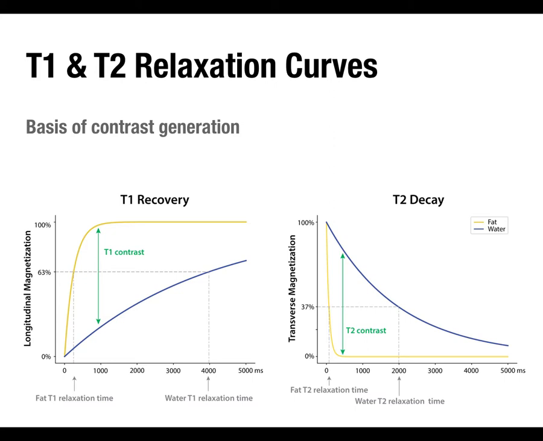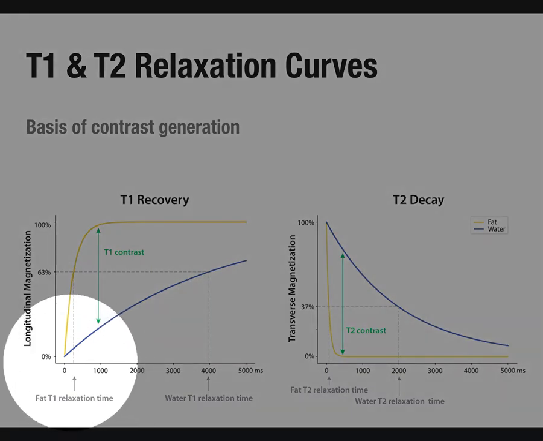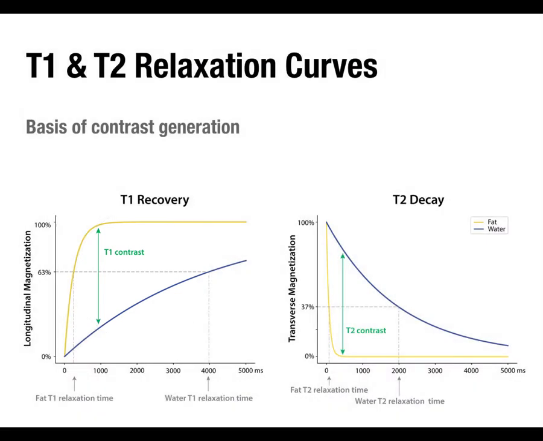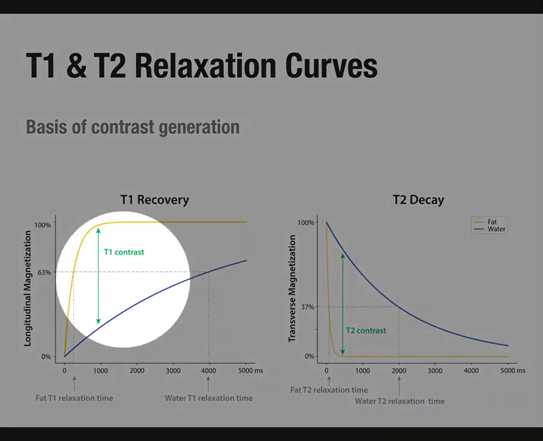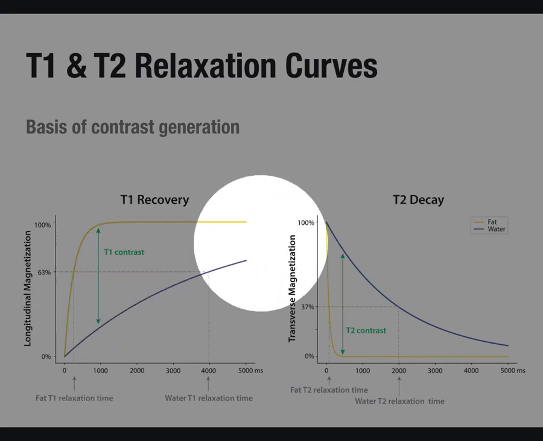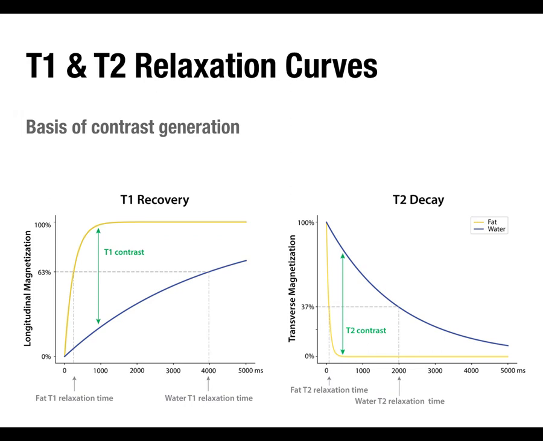We choose a particular point in time where we take a snapshot of the signal at that receiver coil. And what we want to do is time that not right away, because fat and water are both maximally energized, but at some point where they're both starting to recover, but the difference between them is maximal. If you don't wait long enough, you get a very small difference, so very little contrast. If you wait too long, then the water is mostly recovered as well, and so these lines are going to be close together, so you don't get much contrast.